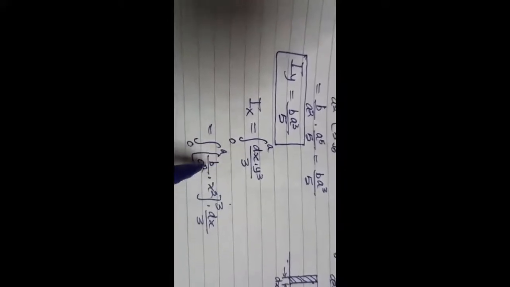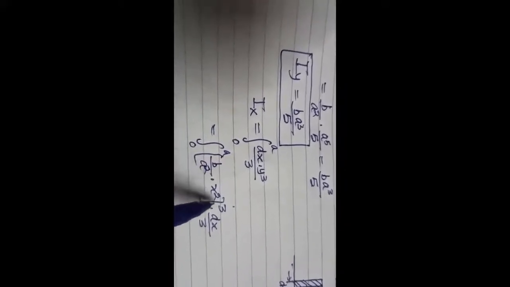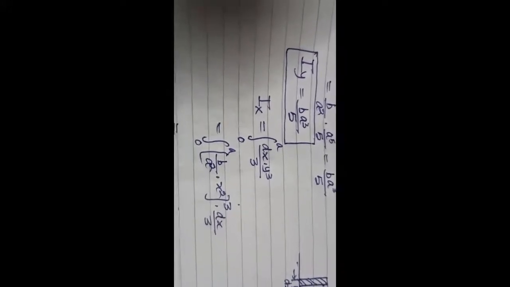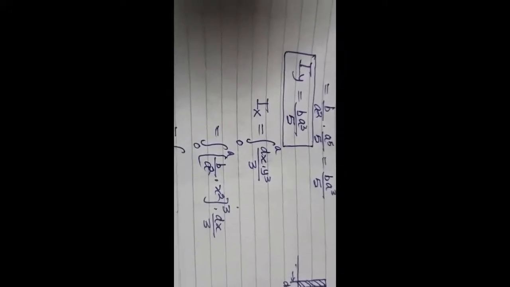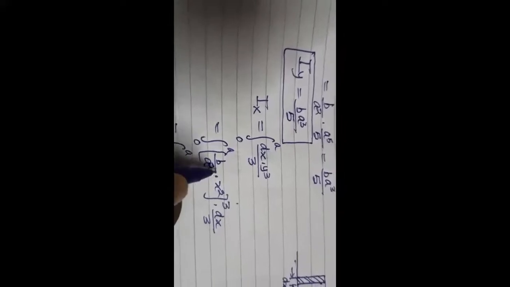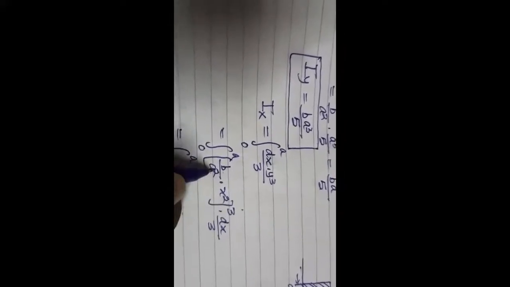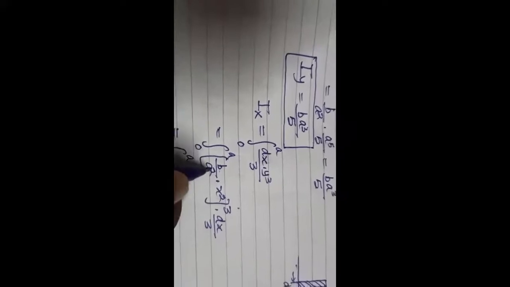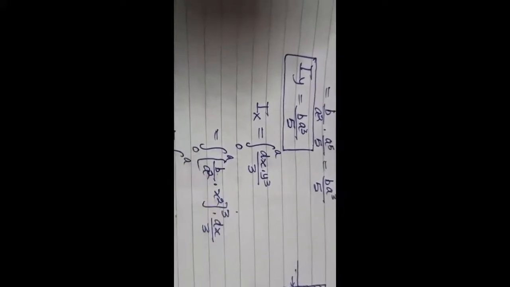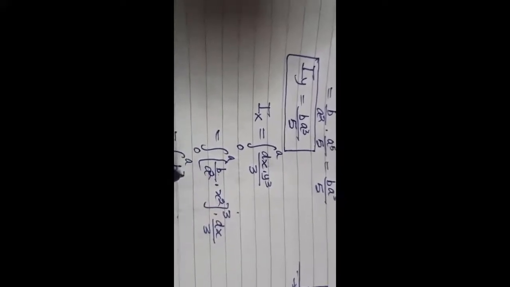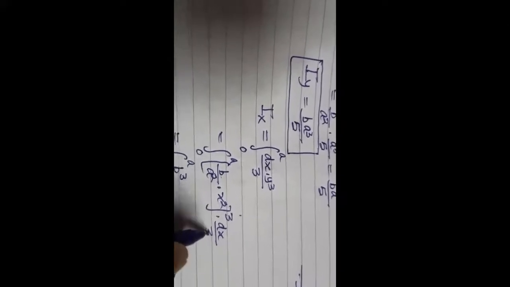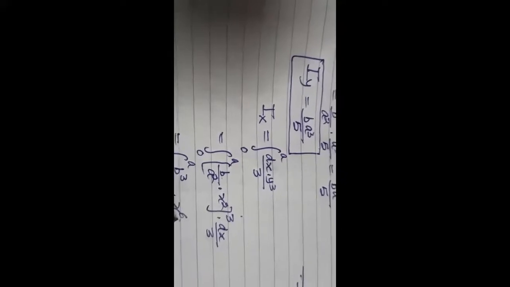So now 0 to a, and this is b cube upon a to the power 6, because a square to the power 3, so b cube upon 3 a to the power 6, and now x to the power 6 into dx.